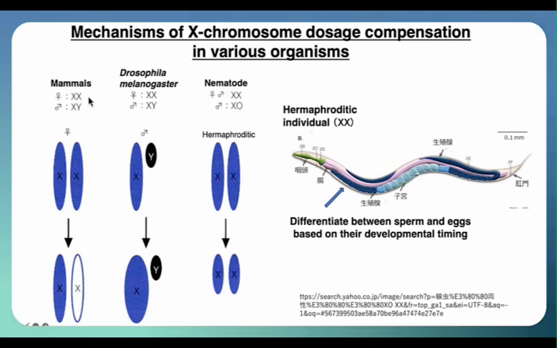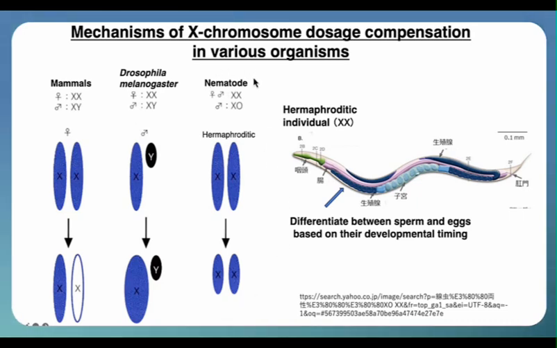In mammals, one of the X chromosomes is completely inactivated, ensuring that the expression level of X in cells with XY is equal to the transcription level from X in cells with XX. In contrast, in Drosophila, fruit flies, the expression level of X is doubled, only in XY males, compensating to match the expression level in XX female cells.